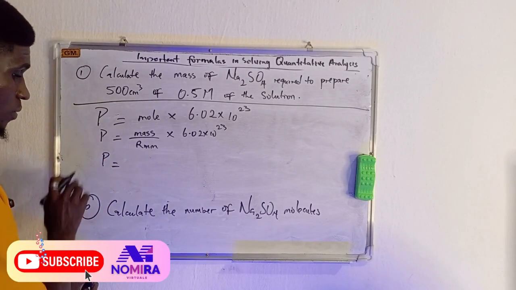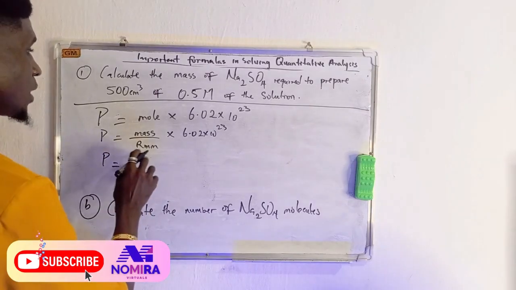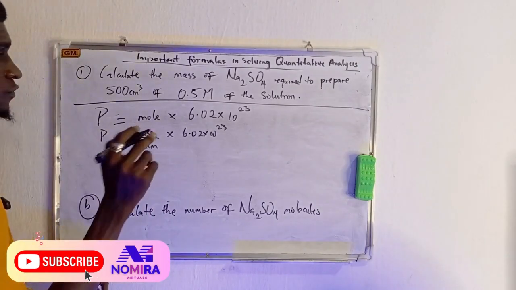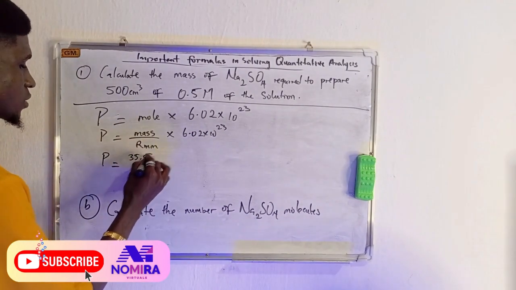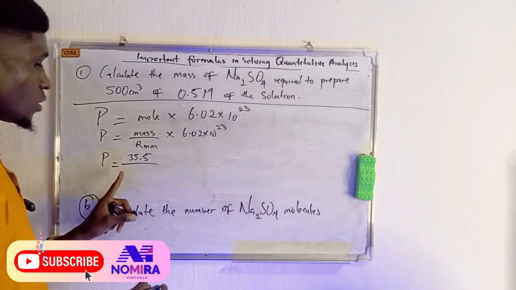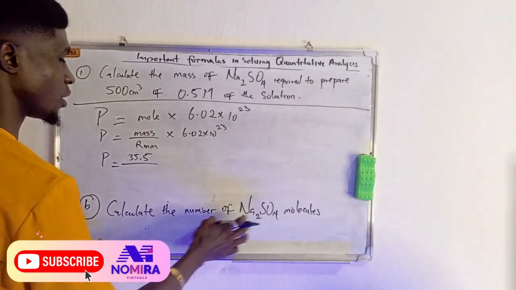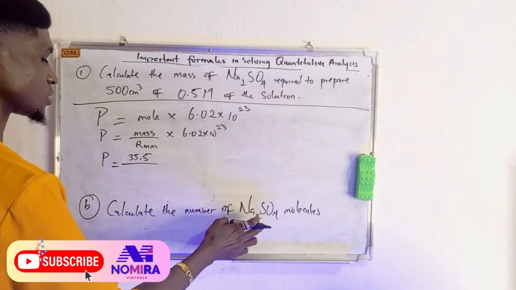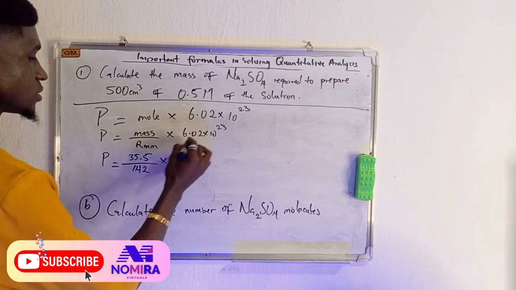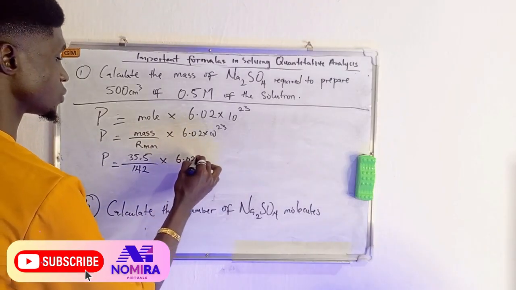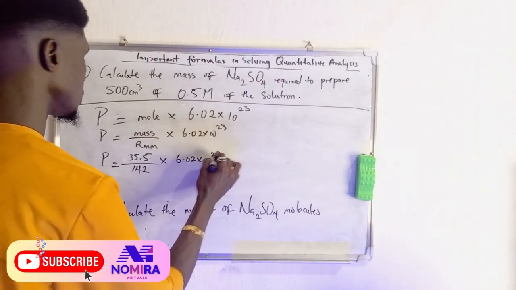So the mass that we obtained from the last calculation was 35.5 gram, all over the relative molecular mass of this, which we got as 142. Then times 6.02 times 10 raised to the power 23.